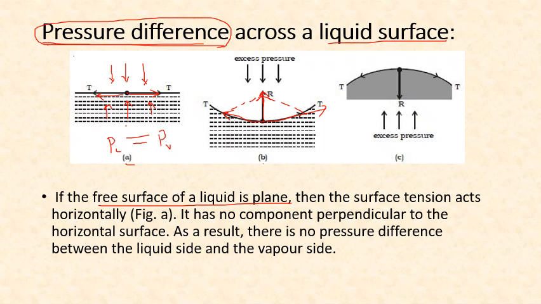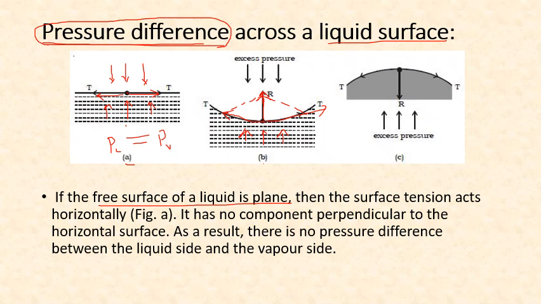In addition to the upward force due to the surface tension, there will be a liquid pressure. The liquid will also apply some pressure in this manner. So, in the upward direction, there are two forces here: one applied by the liquid and the second due to the surface tension.